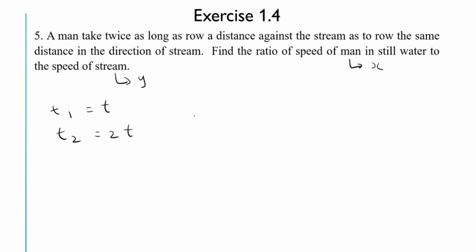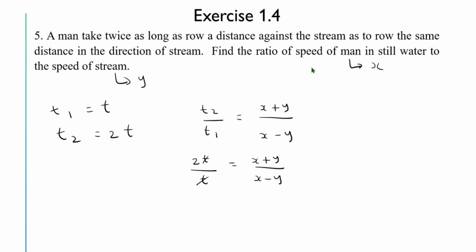We have the formula T2 by T1 is equal to x plus y by x minus y. So let us substitute all the values. So we get 2t by t is equal to x plus y by x minus y. We are asked to find the ratio of the speed of man in still water to speed of stream. That is, we have to find x is to y.